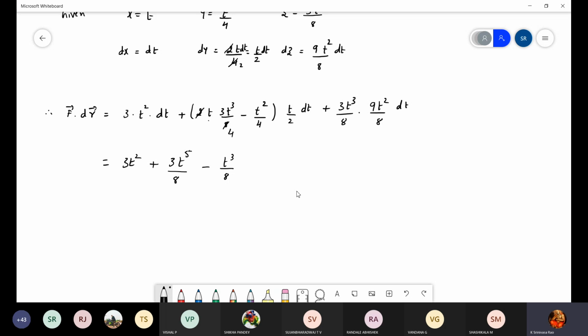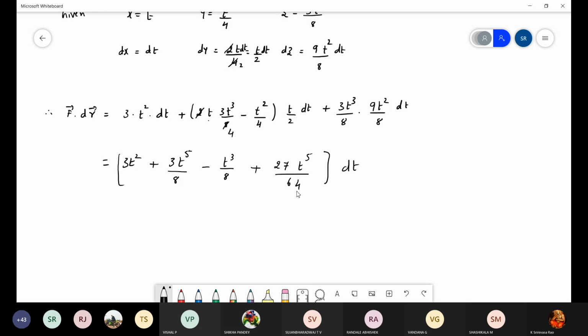Plus, here 9 3s are 27. I can't cancel, t power 5 by 64. So this is completely multiplied by dt.